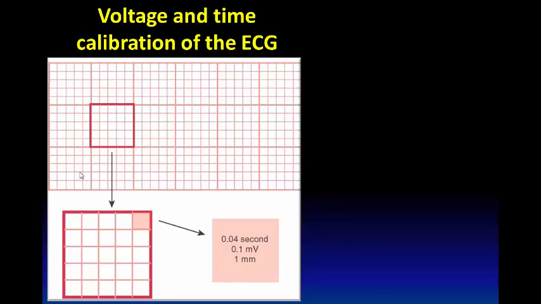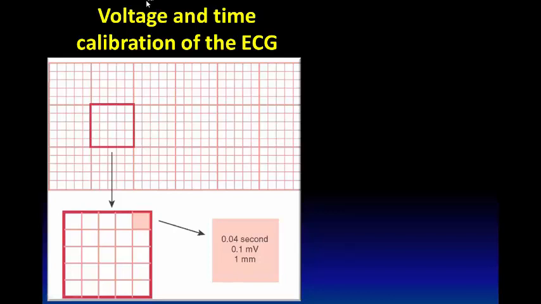And now let's describe the ECG waves, intervals, and segments in more details. Let's define the voltage of these waves and the duration of these waves and these intervals in details.